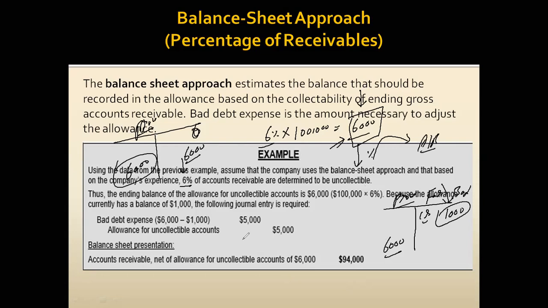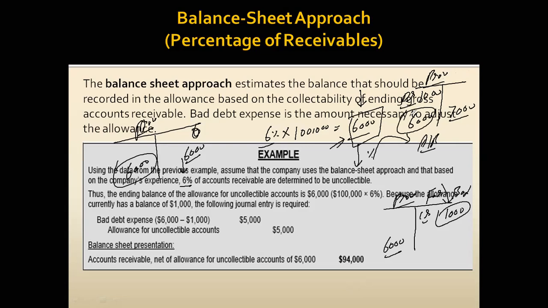In certain examples, you will find that you are given a 1,000 debit balance, meaning you already overused the provision. In that case, we need to record the provision with the amount of 7,000 so that the closing balance will be 6,000. I hope you are clear about this one.